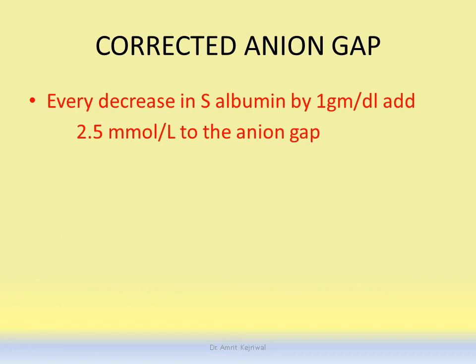For every decrease in serum albumin by 1 gram per deciliter, add 2.5 millimoles to the anion gap. So you will get the right value. For example, normal albumin is 4.5 and measured albumin is 2.5. So there is a decrease in albumin by 2 grams per deciliter, and if your anion gap is 10, then you will have to add 5 millimoles to the anion gap.